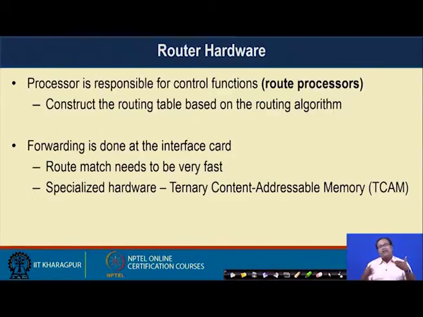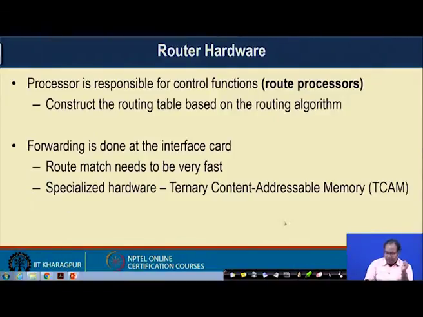So, in the network interface card, the data plane functionalities, that means making a match with the routing table, finding out the next hop and sending it to the next hop, this entire part is done with the help of specialized hardware called ternary content addressable memory, or TCAM.